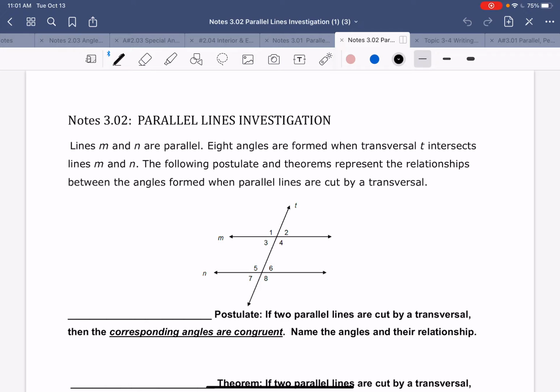But today we're going to talk about what happens if lines are parallel and then they're cut by a transversal. So we have that lines M and N are parallel, but then 8 angles are formed when a transversal intersects those lines.